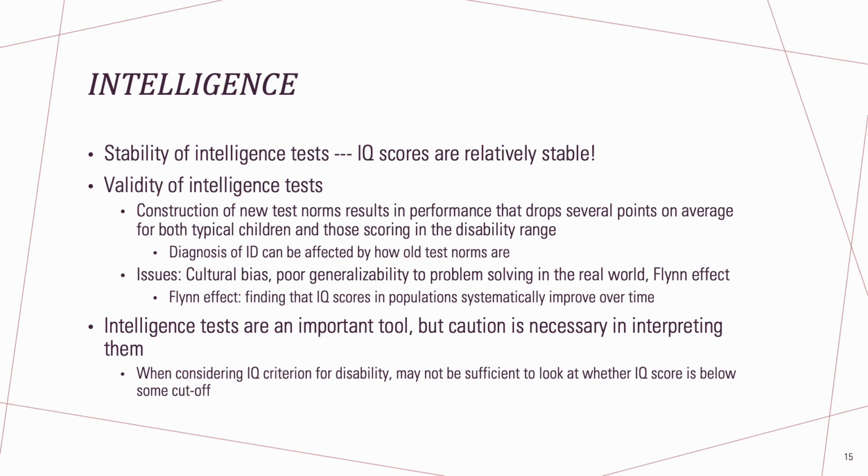So with IQ testing, and I can give you the example of the Wechsler test, so things like the WAIS, the WISC, the WASI, the way that we score that is we look at your performance on all the different subtests. Each of the subtests fall into a larger domain, and you have a raw score for each of those, or your performance on each of these subtests, and then it's converted into a standard score.